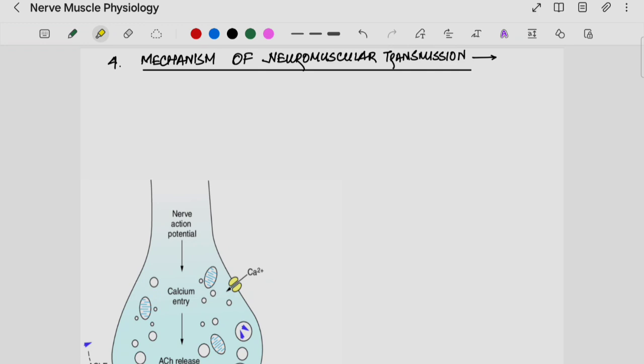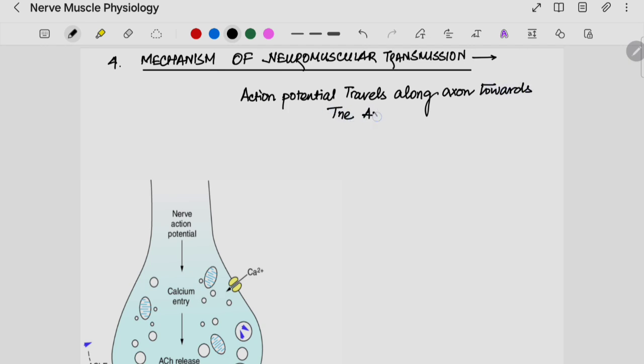So firstly, what happens is that the action potential travels along the axon towards the axon terminal, right? So first step, action potential travels along the axon towards the axon terminal.